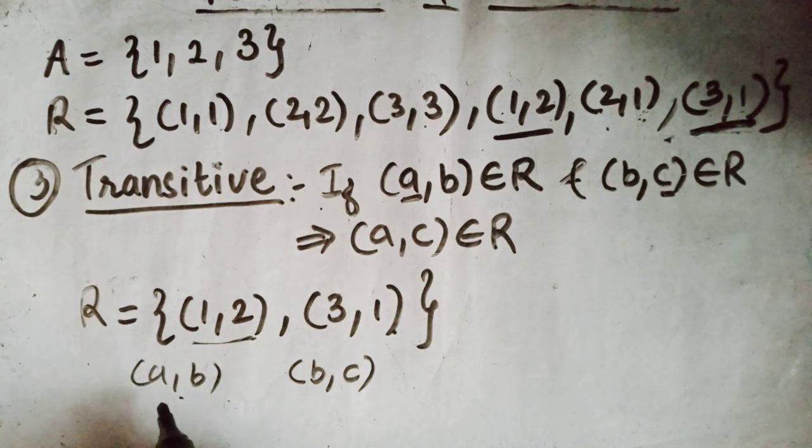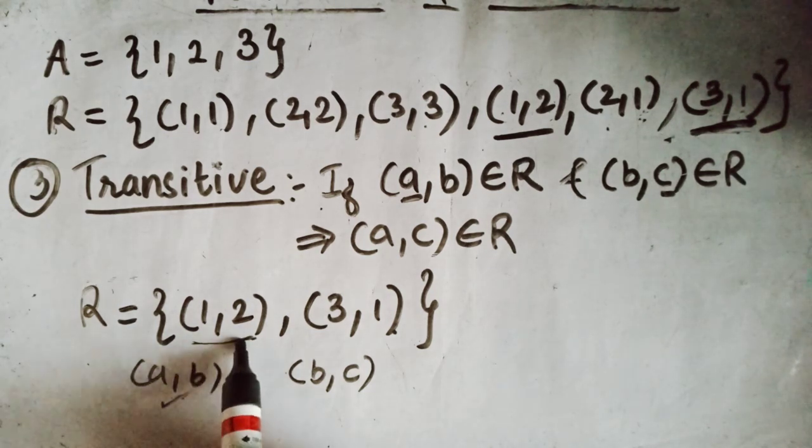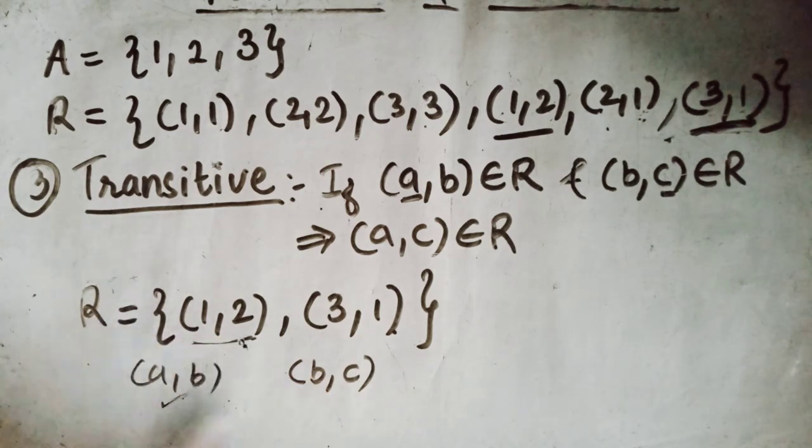So we can directly say that this relation is transitive, because there is no element (b, c), so there will be no element (a, c).